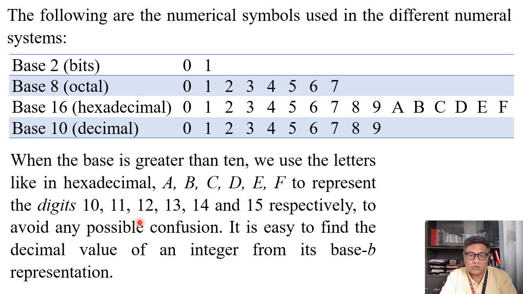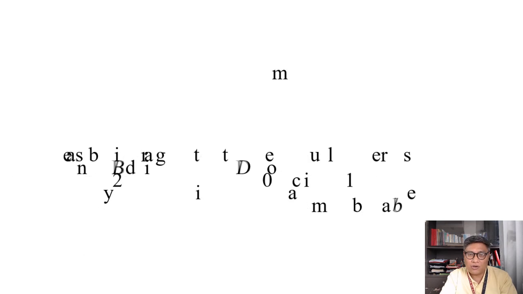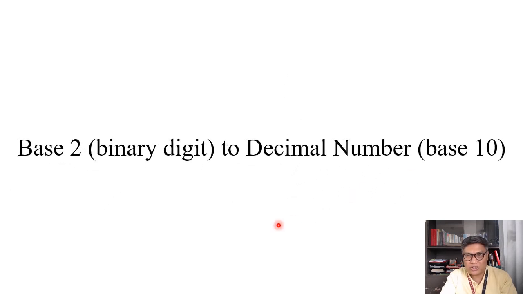To avoid any possible confusion later on, it is actually easy to find the decimal value of an integer from its base b representation. So how are we going to convert base 2 to base 10, base 8 to base 10, or base 16 to base 10?